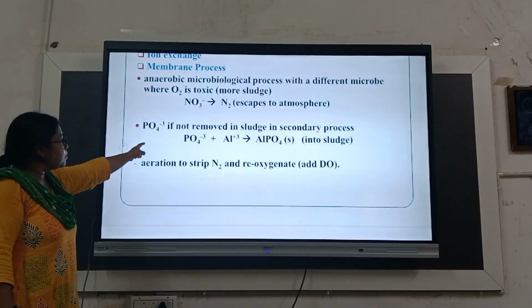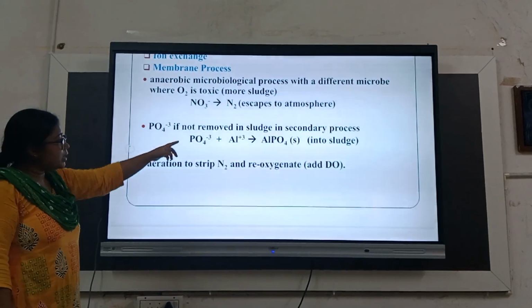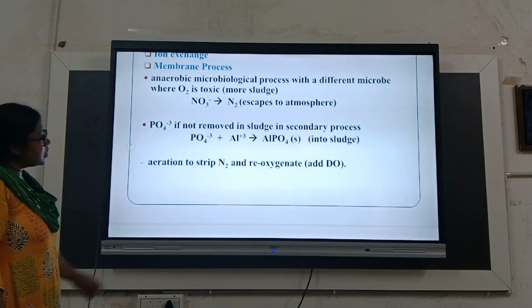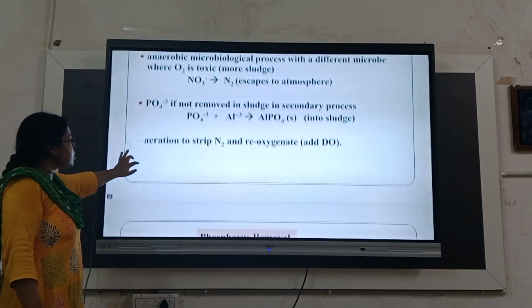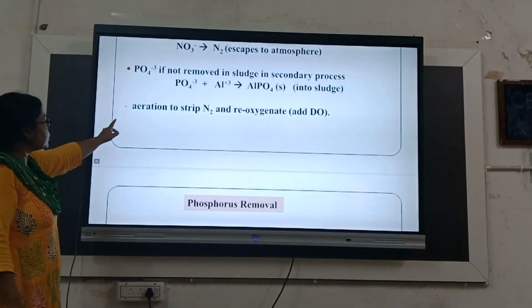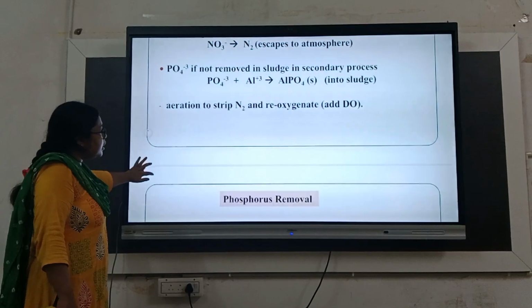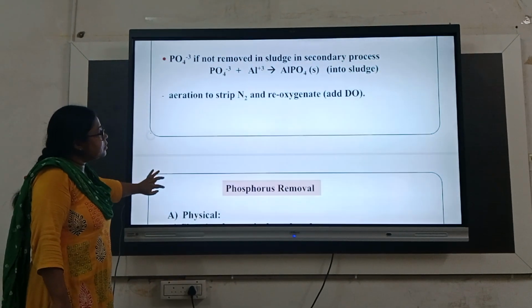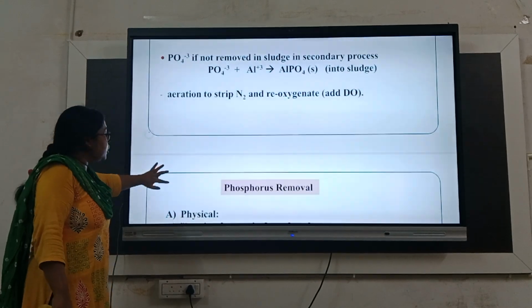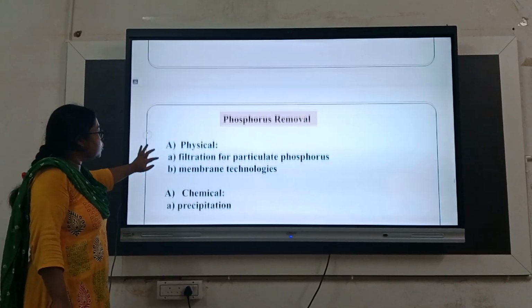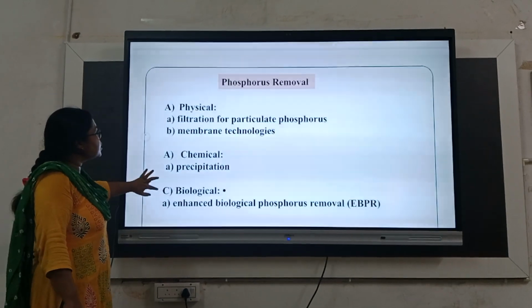Again, for phosphate, PO4 3 minus plus Al 3 plus converts to AlPO4, aluminum phosphate. Then strip the inert nitrogen, that is N2, and reoxygenate. Then phosphorus removal is done.